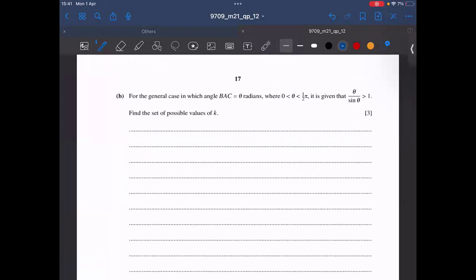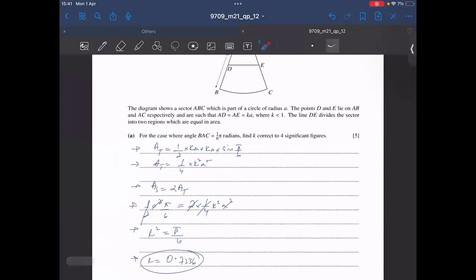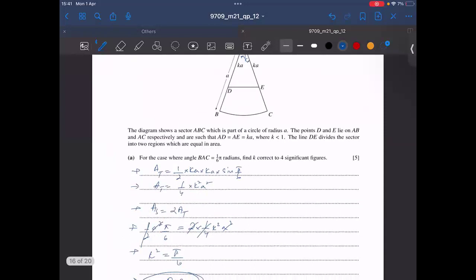For a general case in which angle BAC is theta radians, it is given that theta over sine theta is greater than 1. Find a set of possible values of K. We're going to pick up this equation: replace pi by 6 with theta.